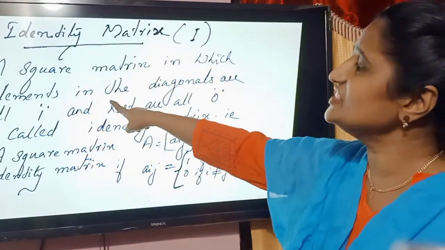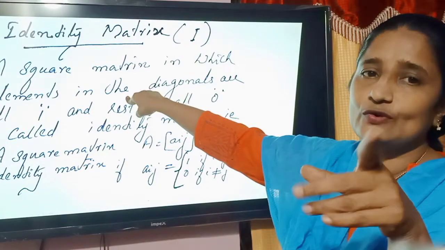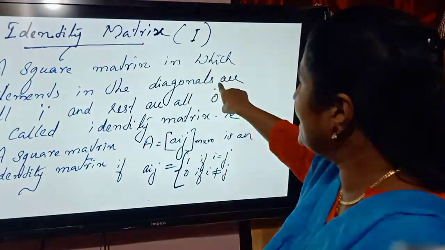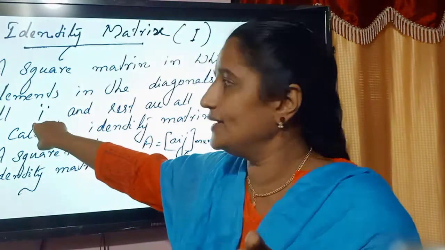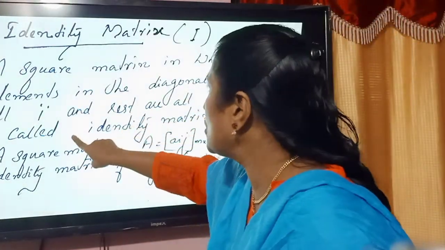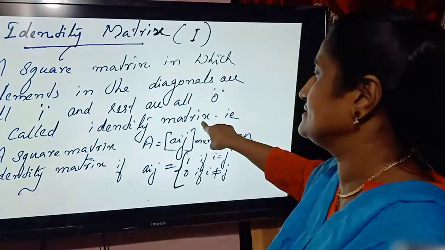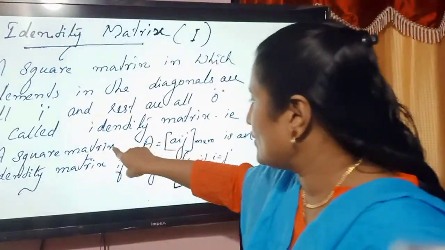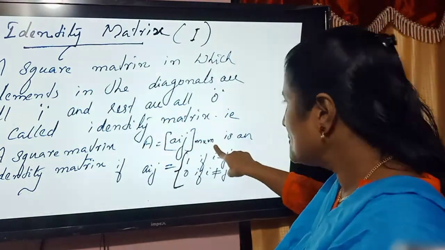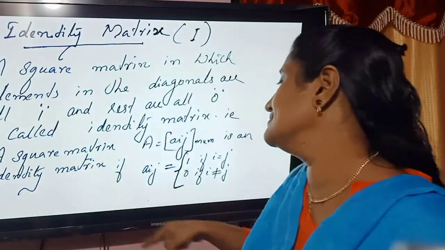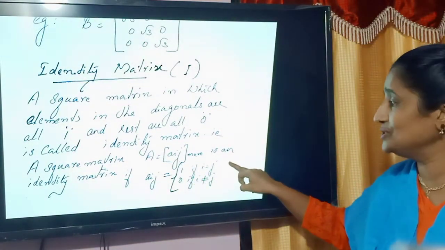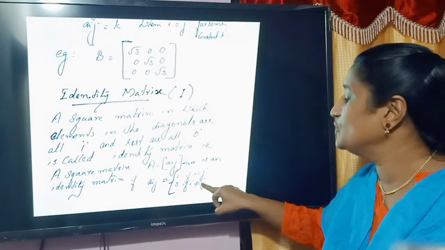A square matrix in which, see, it's related with the square matrix, the elements in the diagonals are all 1 and the rest are all 0, is called the identity matrix. That is, a square matrix A equal to Aij, m by m, is an identity matrix if Aij is equal to 1 if i is equal to j, and 0 if i is not equal to j.